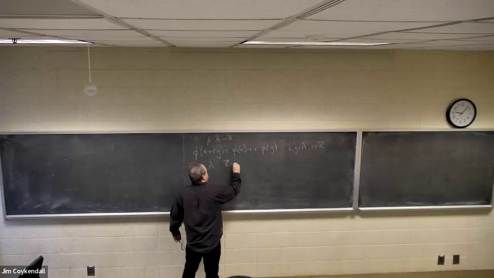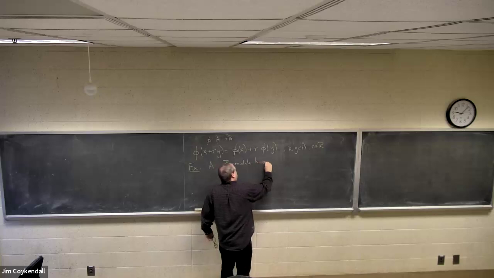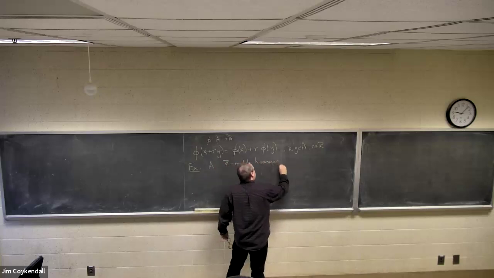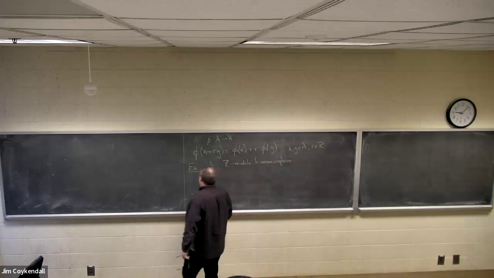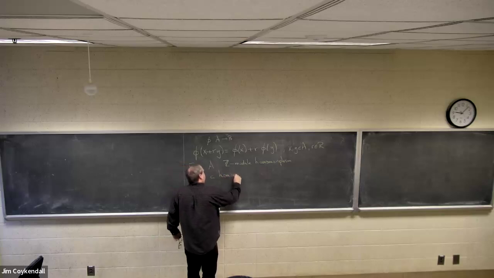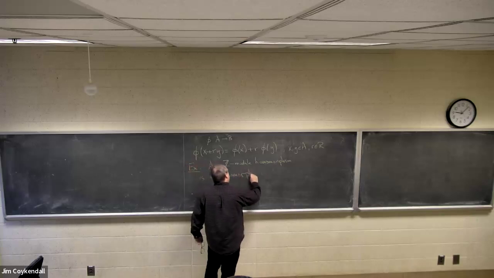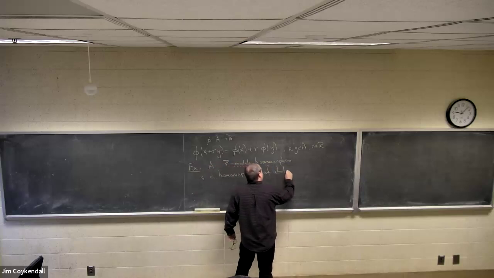A Z module homomorphism is the same as a homomorphism of abelian groups.